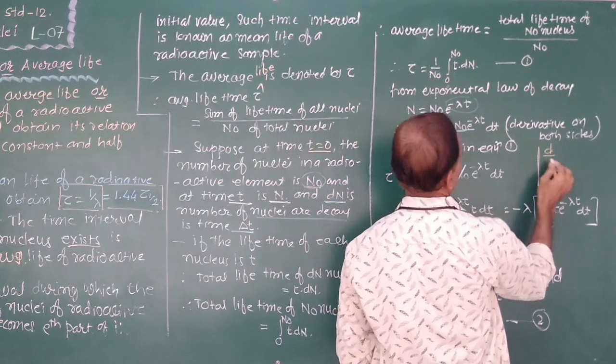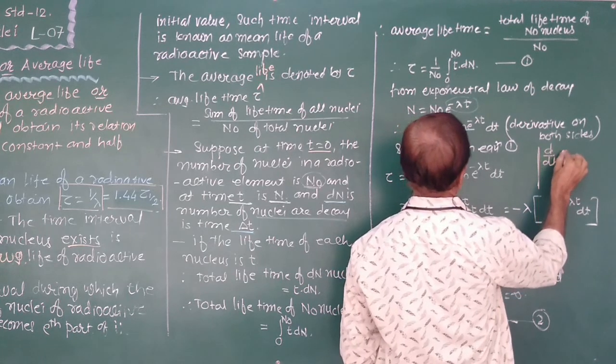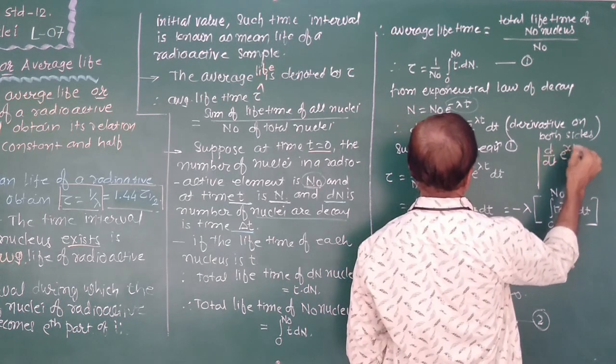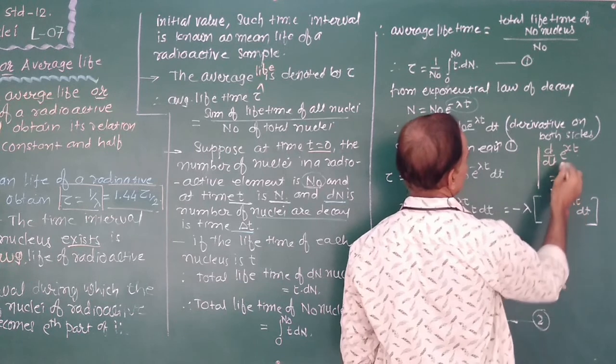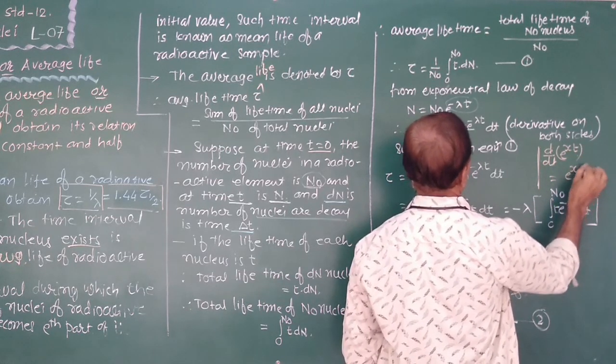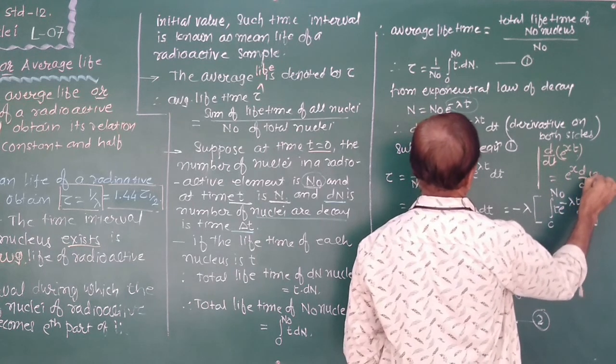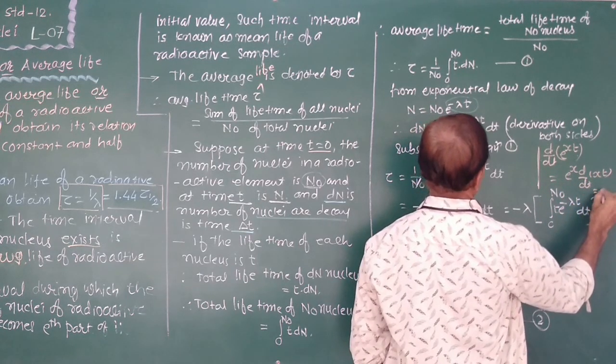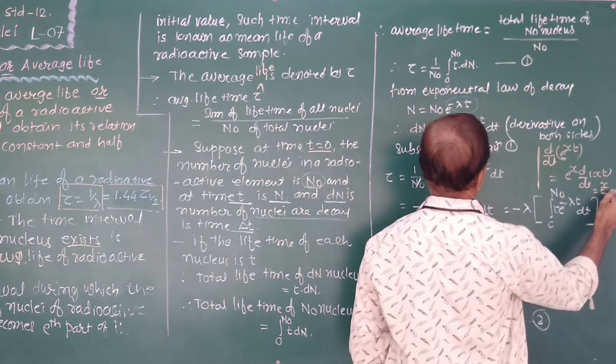So d by dt of e to the power xt is e to the power xt into x.